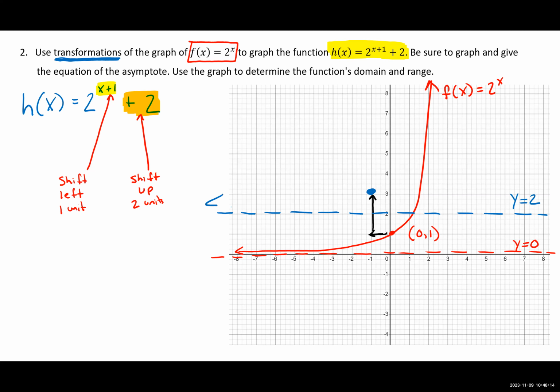And so the rest of the graph follows. And so in blue, we've got the graph of h of x is equal to 2 to the power x plus 1 plus 2.